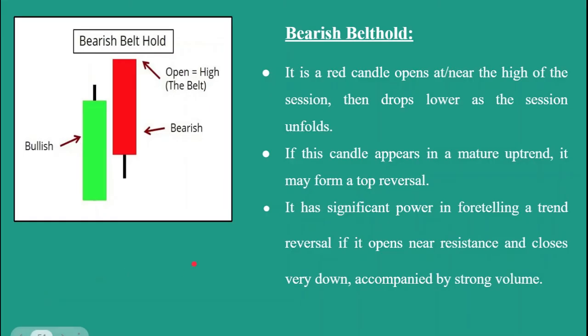Let's summarize what we learned so far about bearish and bullish belt hold candlesticks. As for the bearish belt hold, it is a red candle that opens at or near the high of the session, as you can see in this photo, then drops lower as the session unfolds. If this candle appears in a major uptrend, it may form a top reversal signal for you. It has significant power in foretelling a trend reversal if it opens near resistance and closes very down, accompanied by strong volume.